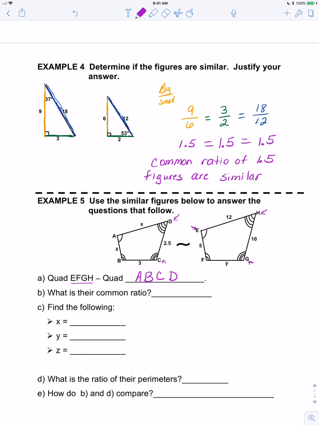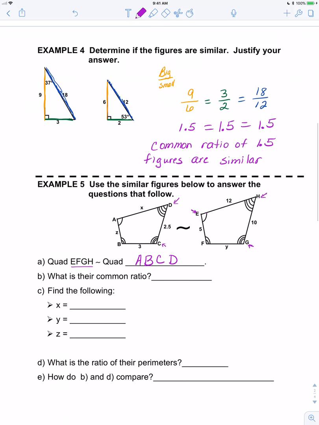And those letters matter. So if you put those letters out of order, that makes it incorrect because they have to have their corresponding sides. All right, so what is the common ratio? Okay, well, we're told that they're similar, so we can just even use one of them, and we're only given 2 here, so we've got to say what's the ratio between 10 and 2.5.